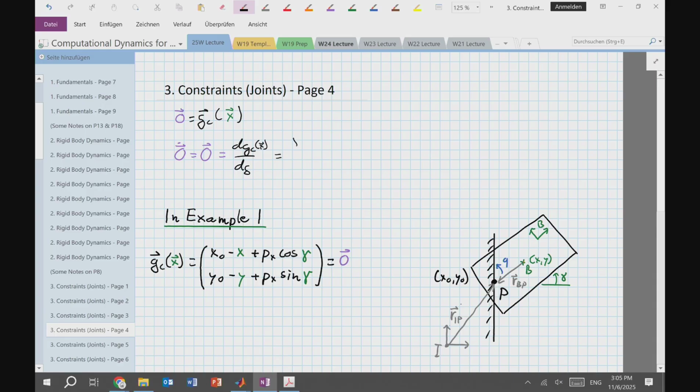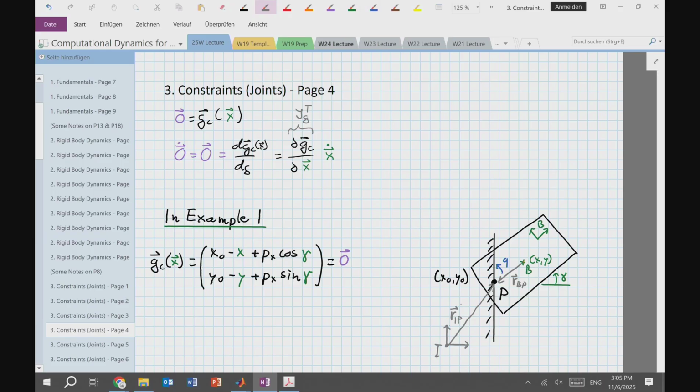But what I will do is take the partial derivative of GC against x and multiply that with the derivative of x against time, which we will simply call x dot. And again, I get one of these Jacobians. This one I call JG, and I will actually call this the transpose of JG.